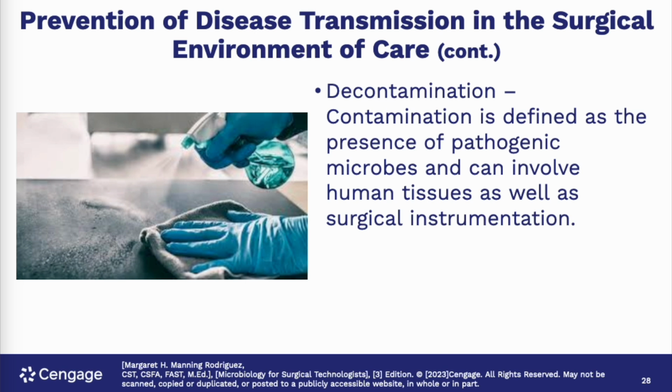We have common methods. We have steam sterilization, which is autoclaving, the most common and effective method for most instruments. We have ethylene oxide, used for heat-sensitive instruments, and hydrogen peroxide gas plasma, which is a low-temperature method for sensitive instruments.